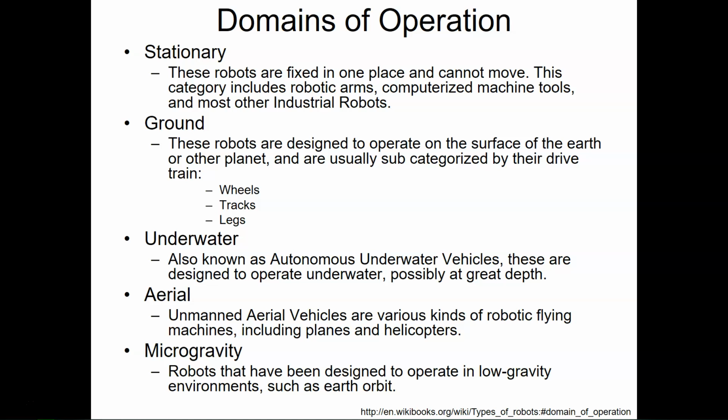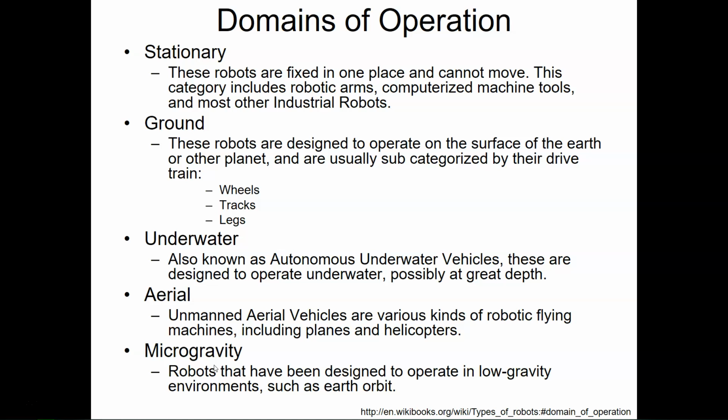You have underwater as a domain. Again, that goes back to the ROV. You also have autonomous underwater vehicles. These are designed to work at depths that, again, we can't get to, simply because it would kill a normal human. You have aerial. If you've ever seen a drone, that's what an aerial robot is. Essentially, it's just a drone. It's able to fly on its own, or it can be controlled from the ground.